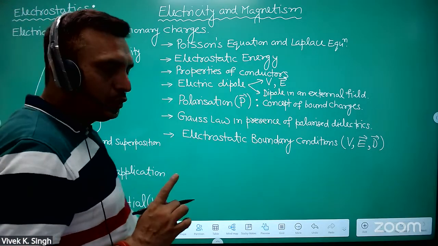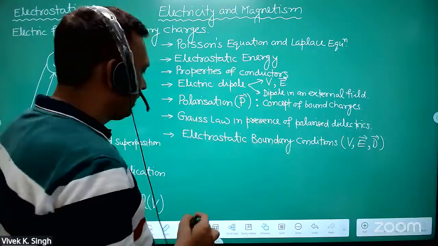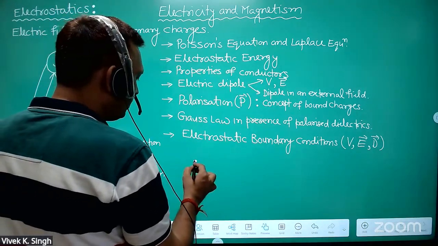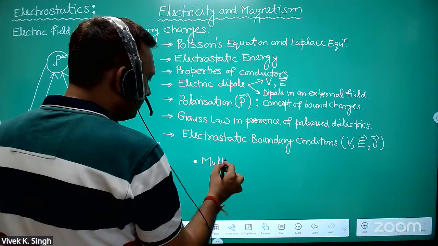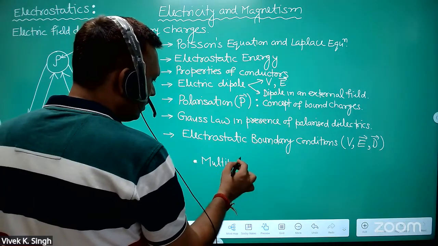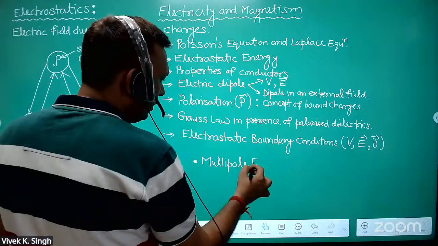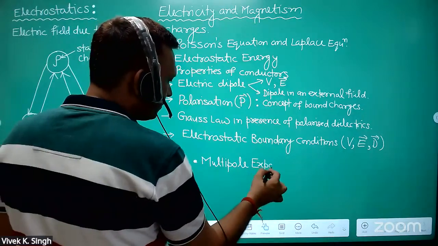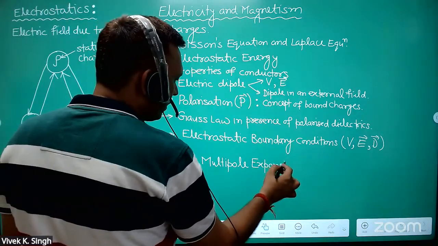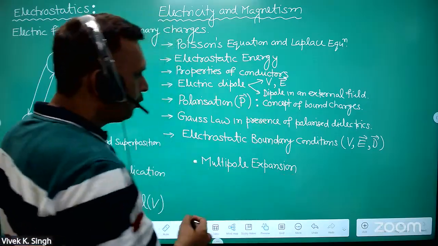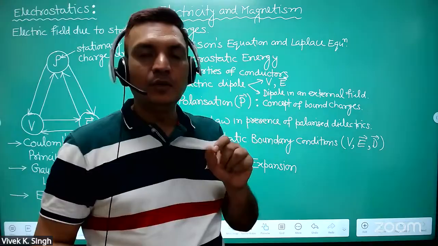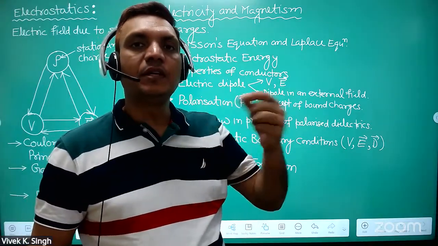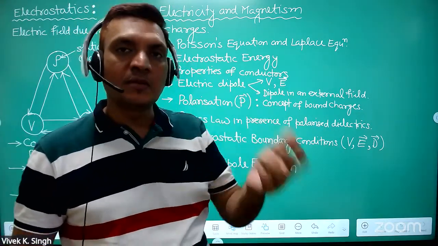Now there are two separate topics in electrostatics. One is called multipole expansion. So using multipole expansion, we can find electric field due to any arbitrary charge distribution, and that will be approximate field.